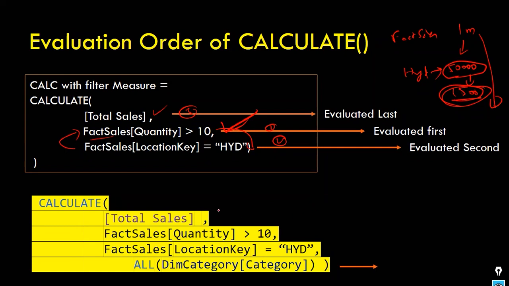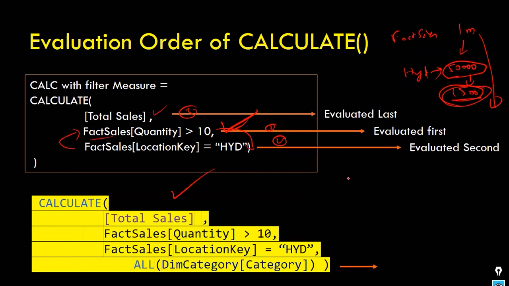Okay, the next one is, now let us look at this calculate function. This is same as this one. Total sales and quantity is more than 10. Hyderabad, location key, fine, everything is fine. And the last argument was the ALL function. I've used the ALL function here on the category column. This is the filter modifier function.